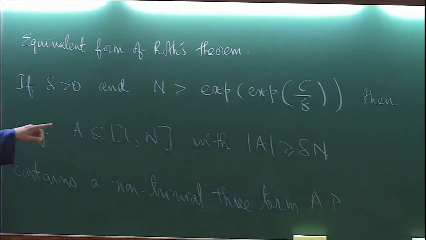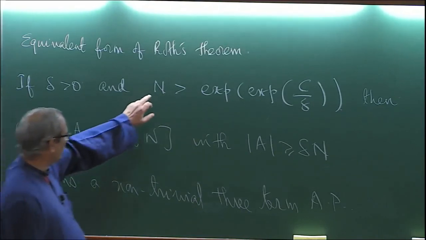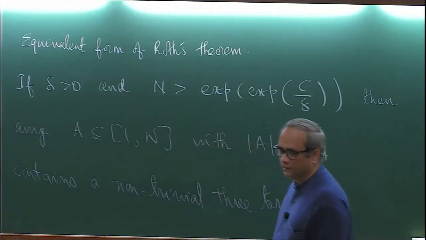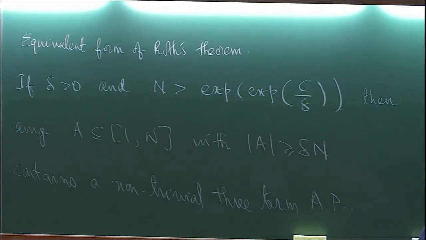Right? And the transition from this to that is very easy. For example, you just have to put delta here, cancel the n's, and change the log to an expression in delta, meaning move that side and write n in terms of delta, and you get a double exponential constant in delta.